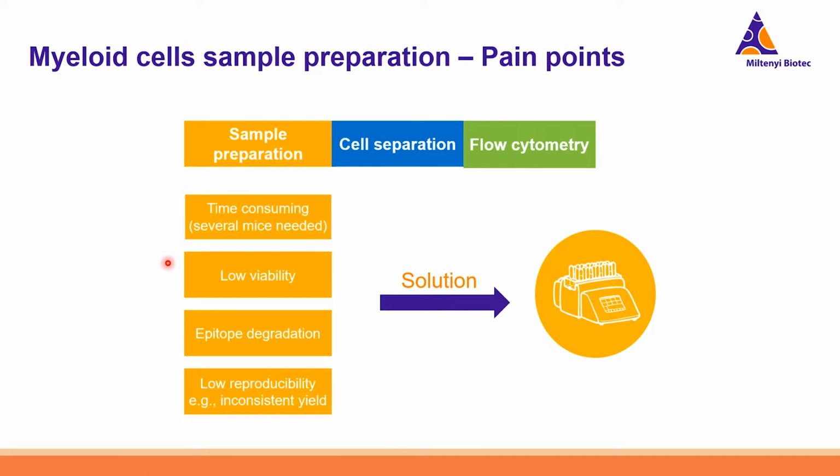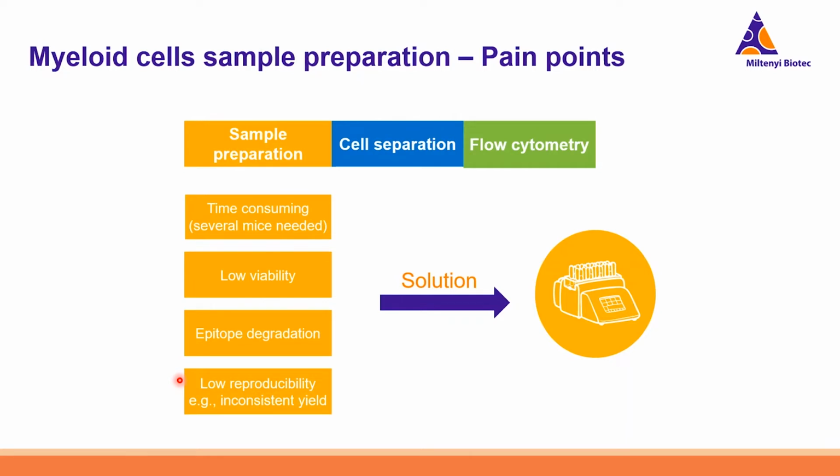Having a low number of viable cells is a big challenge in many experiments, and also epitope degradation due to improper sample preparation is a problem for downstream applications, for example, flow analysis or functional analysis, where the cell surface receptors are needed. Having inconsistent yield is a challenge for reproducible results.